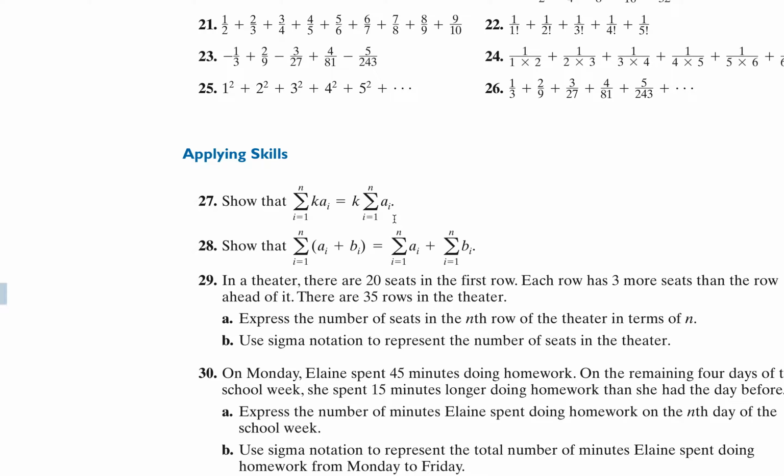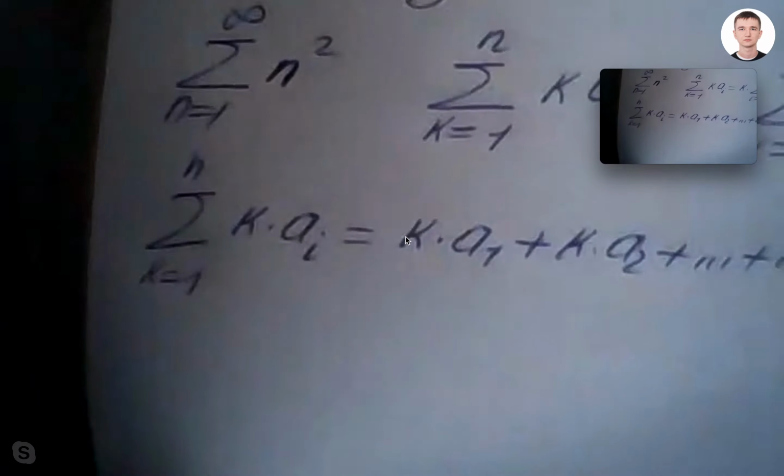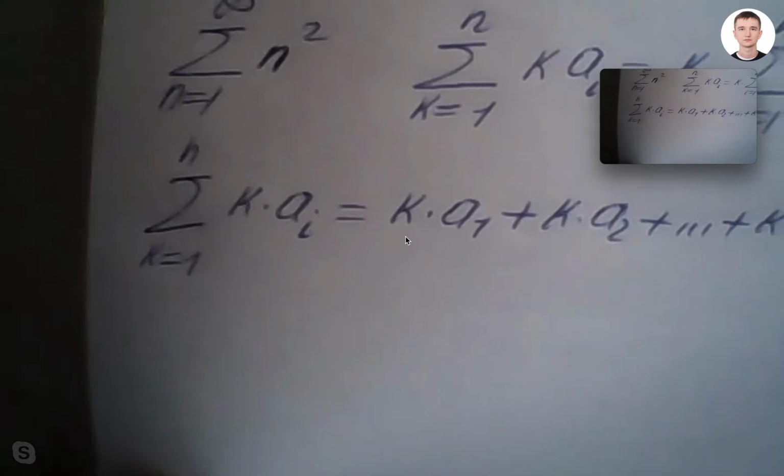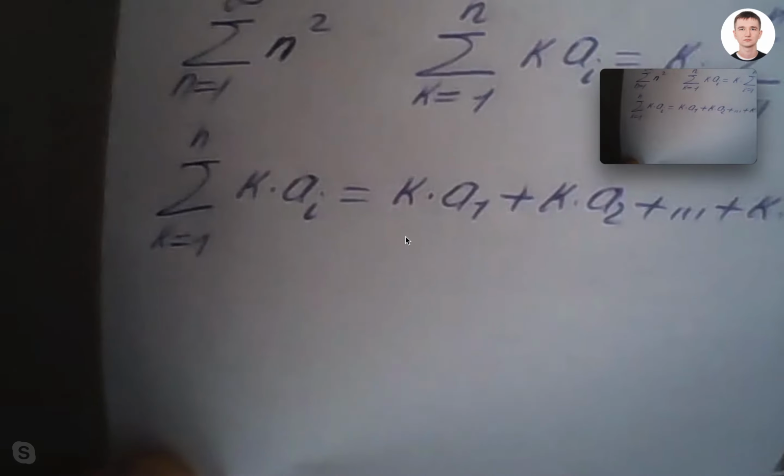The sum from 1 to n of k times ai can be expanded to k times a1 plus k times a2 plus etc. plus k times an.